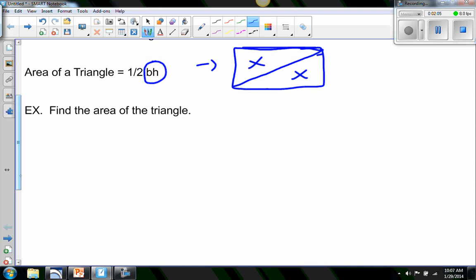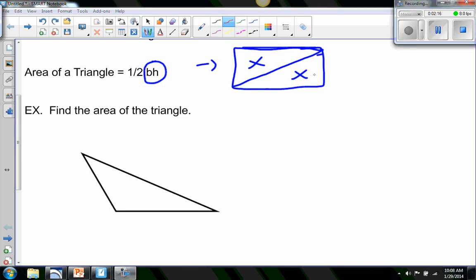So here's an example. If I want to find the area of a triangle, let me put a triangle on here quick. Okay, so let's say that this is my triangle, and it looks a little bit weird, right? It's like, wow, what's the height of that thing?